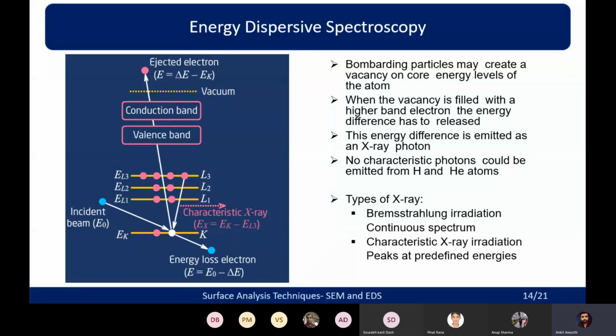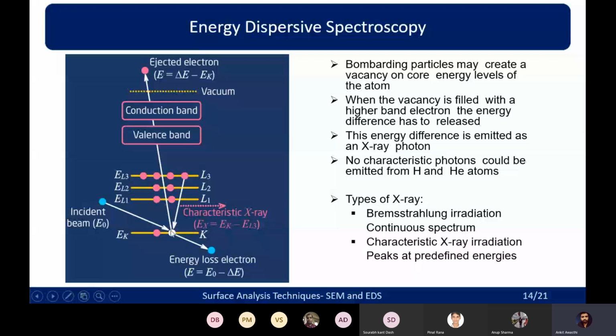But in this EDS, what is there? Here we are not analyzing the electrons which are coming out from the surface, but we are analyzing the characteristic X-rays which are emitted during the process of electrons coming from a higher energy level to a lower energy level.